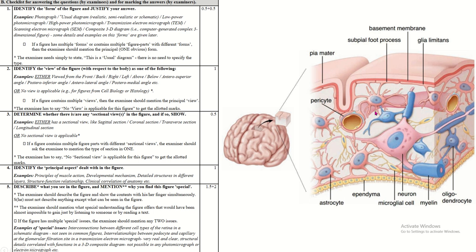And the justification of the answer: because it is not taken by a camera. It is a drawing done by a human or by computer software. Next, you have to identify the view of the figure.